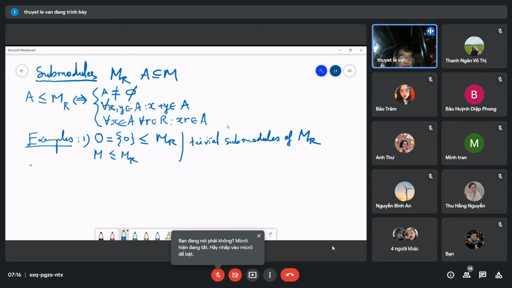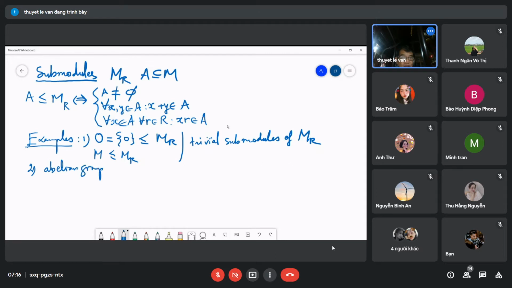Now the second is I give an abelian group, here is A, so I say, for example, an abelian group C or something like this.